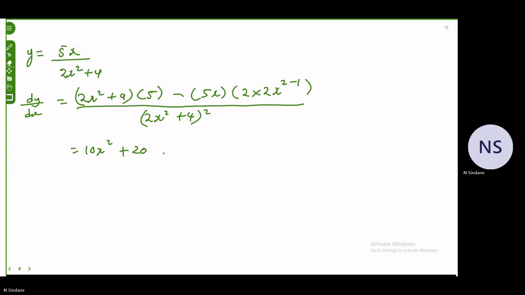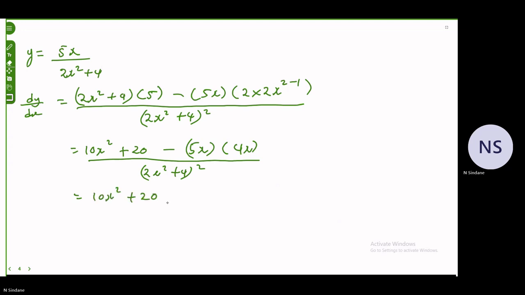Then minus, this is 5 in bracket, then this is going to be 4x over 2x squared plus 4 squared. Then this gives me 10x squared plus 20 minus 20x squared over 2x squared plus 4 squared.